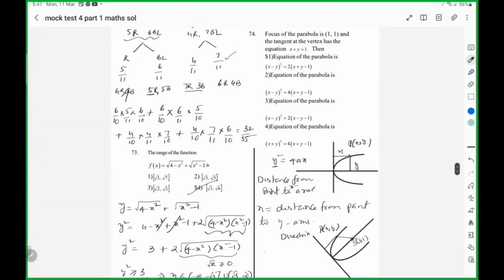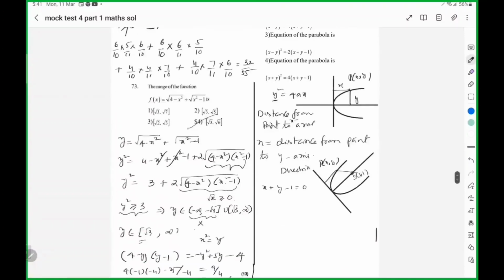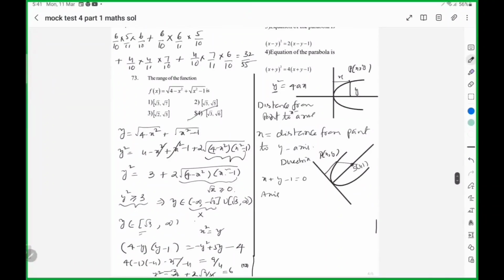He has given the tangent at the vertex. So you can find the axis. It's just a perpendicular line, x minus y plus k equals 0, say. It passes through 1 comma 1. Substituting, we get x minus y equals 0.